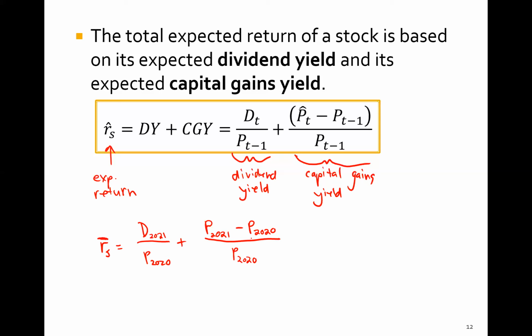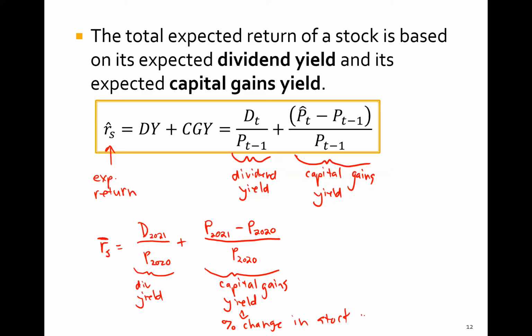So all these terms, the dividend yield and the capital gains yield, if you held the stock for all of 2021, this would be your annual dividend yield, which is the percent return that you earn from the dividend alone. This would be the capital gains yield that you earned, which is the percent change in the stock price over the time that you held it.